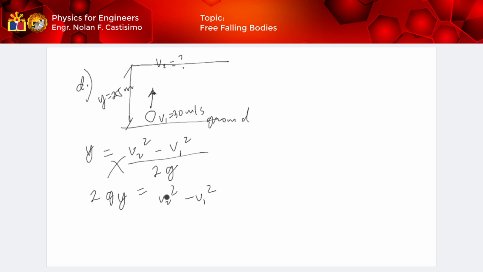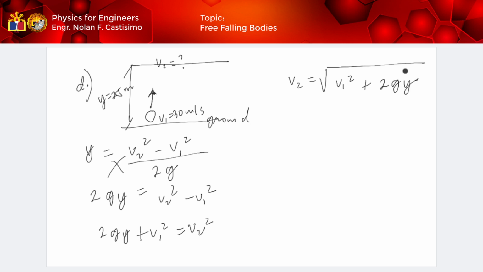Okay? And then, magiging 2gy plus V1 squared is equivalent to V2 squared. So, rewrite lang natin. So, V2 is equivalent to square root of V1 squared plus 2gy. Yan.